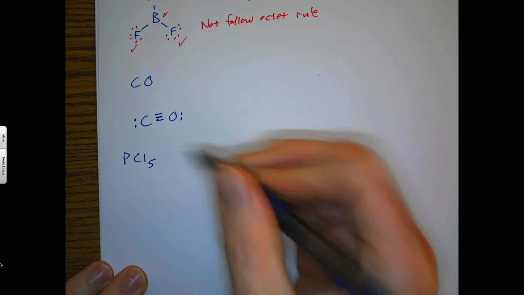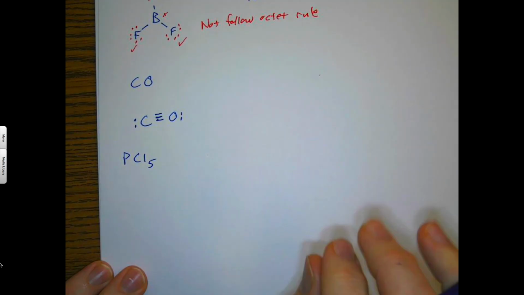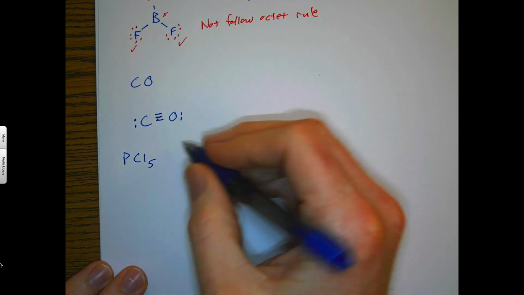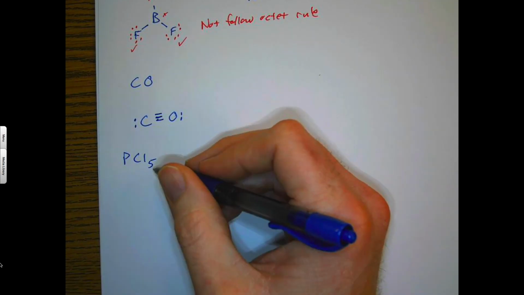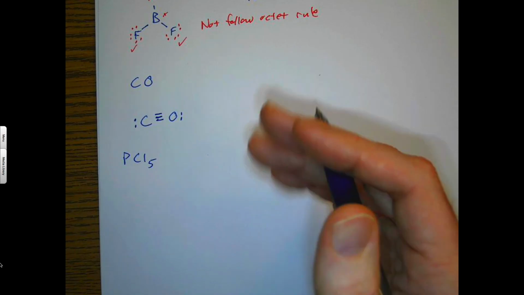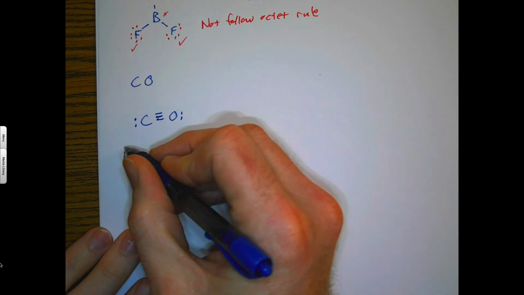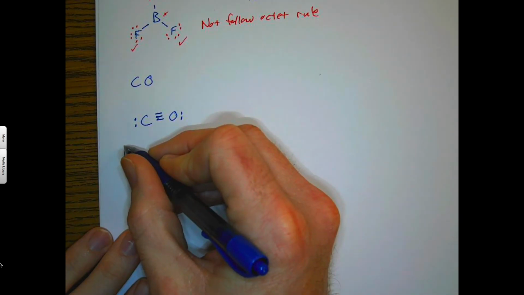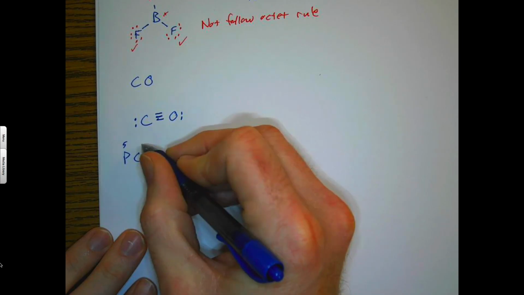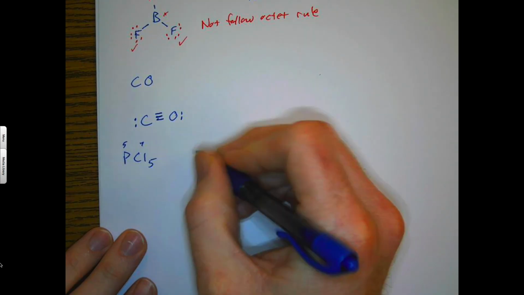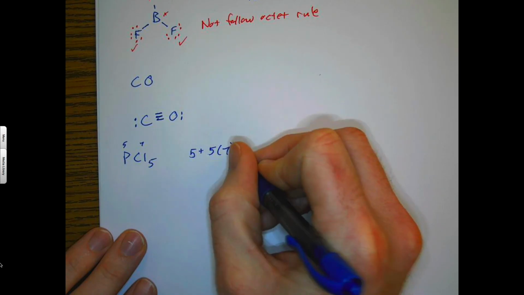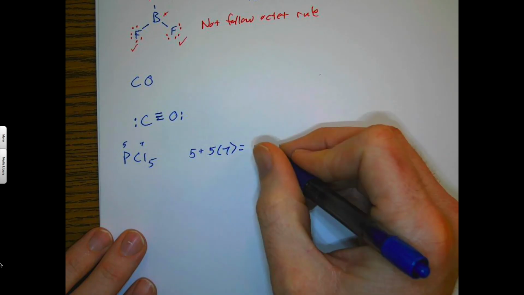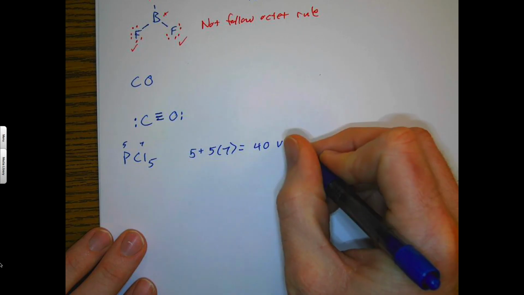PCl5. Now, phosphorus is in the 3rd row, so it actually has access to d orbitals. So this is going to allow it to get more than 8 electrons. Here we have phosphorus has 5 valence electrons, chlorine has 7. So 5 plus 5 times 7 is going to be 40.